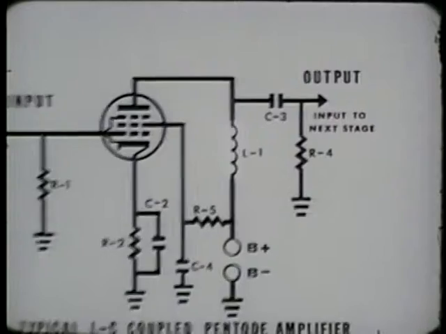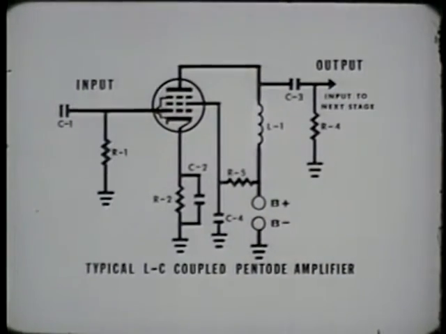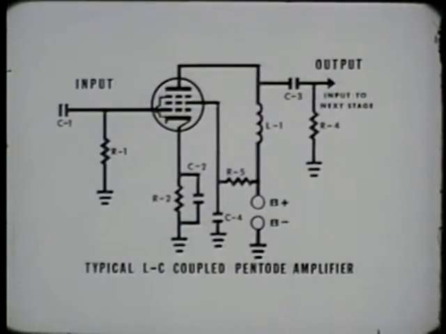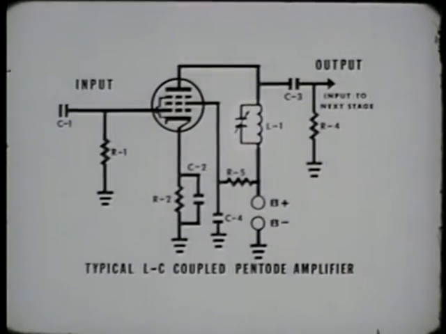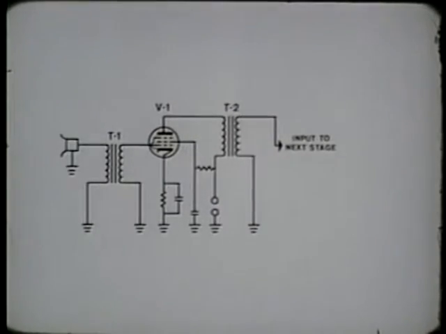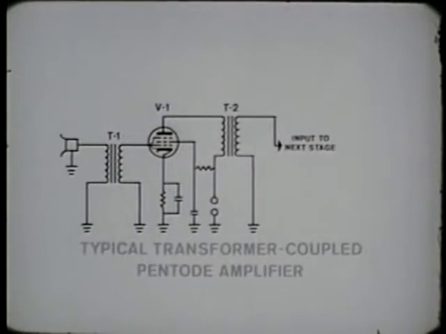Analysis of the circuit is essentially the same as for RC coupling. When it is desired to select one frequency out of the middle of the audio range, the inductor can be tuned by placing a capacitor across it. This makes the LC amplifier very selective. An amplifier circuit using transformers as coupling elements is called a transformer-coupled amplifier.